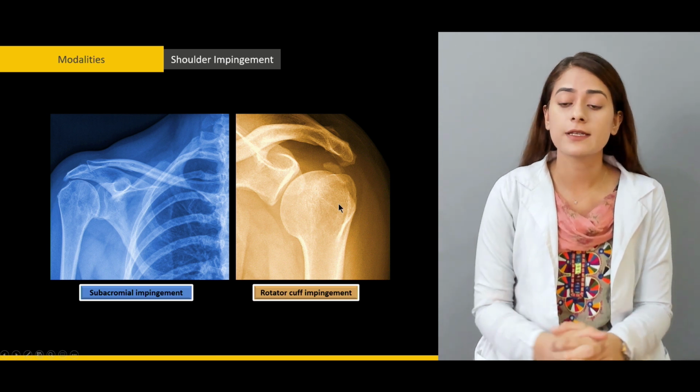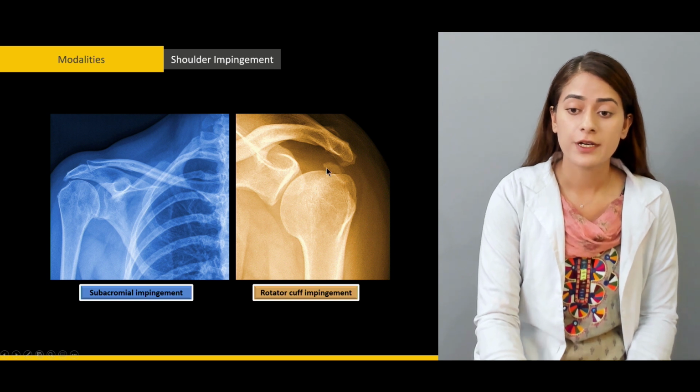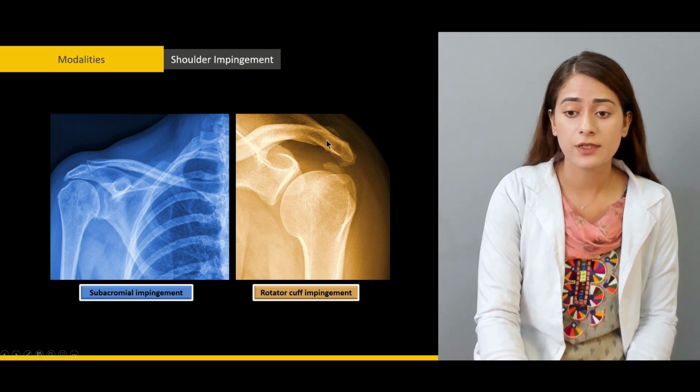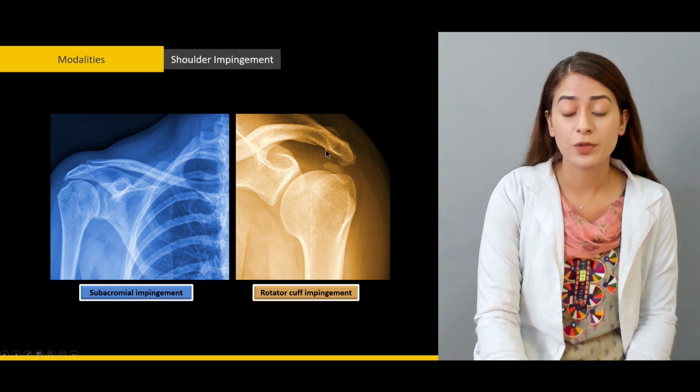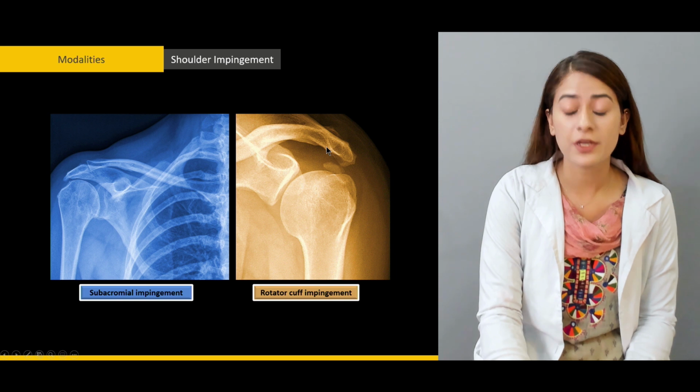So what happens is this right here is showing calcification because of subacromial impingement, actually, because this is the acromion and the clavicle. So because of subacromial impingement, there is rotator cuff impingement. The subacromial bursa here is impinged.